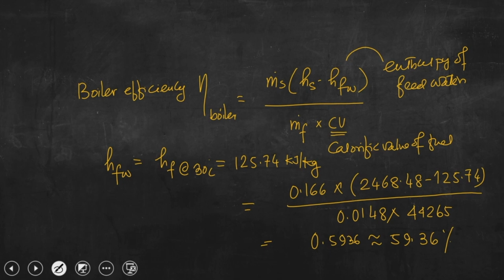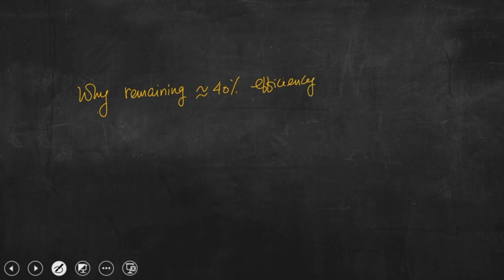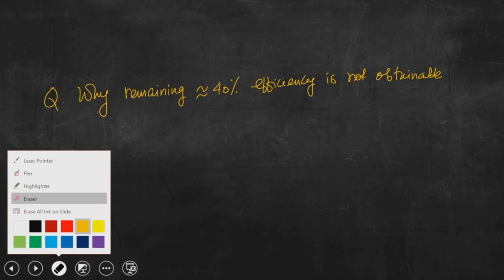Why is the remaining almost 14% efficiency not obtainable? So, this is the question.